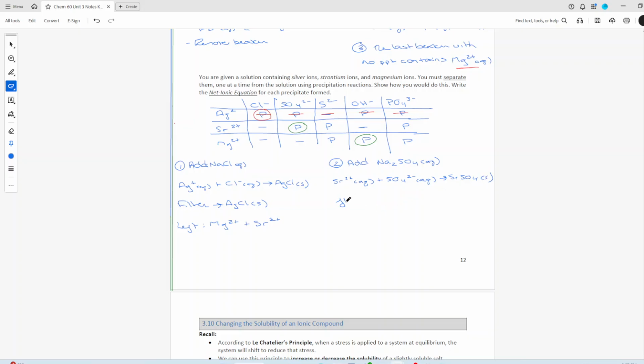So then I'm going to filter off the strontium sulfate. And then I'm going to be left with, or remaining, is going to be the magnesium.